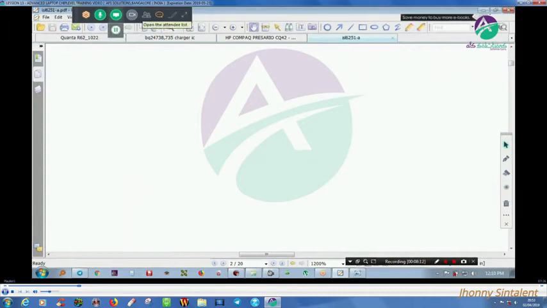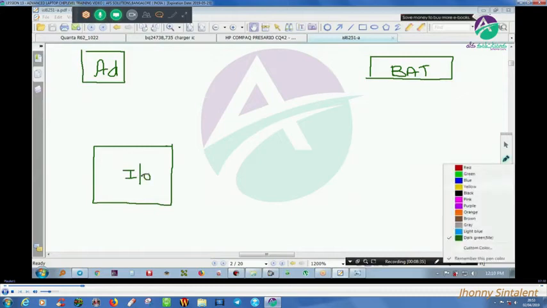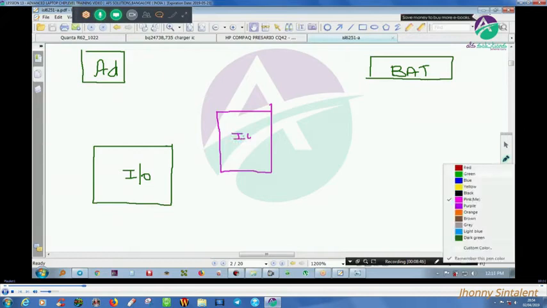So when I'm speaking about the charger IC, as I told you, it is divided into my battery connection, my adapter connection, IO requirements, my IC, and my DC circuit.